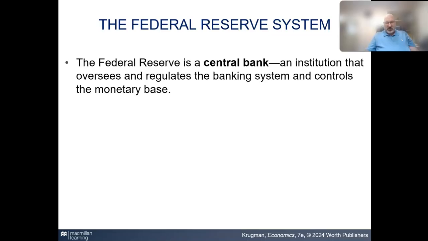It is a decentralized central bank. So everybody has their own little region that they work with. And then you have a board of directors in DC. So that's how we go with that now.